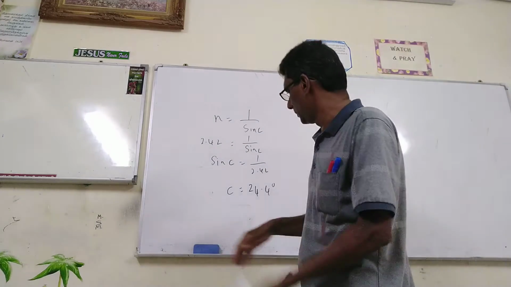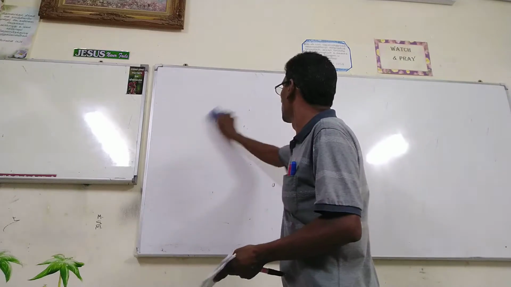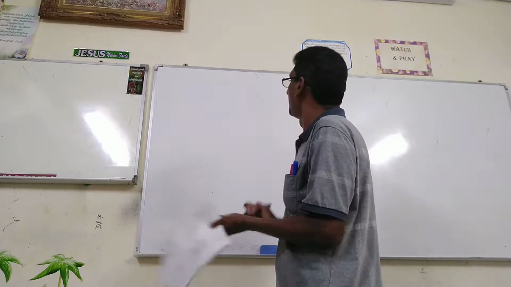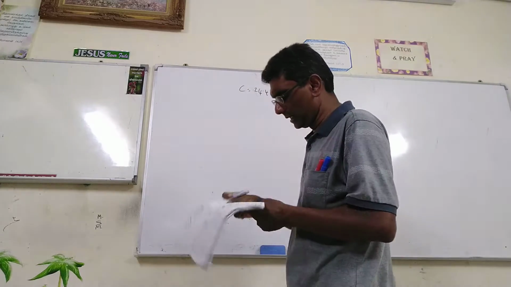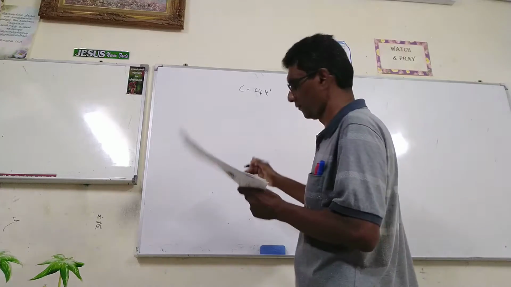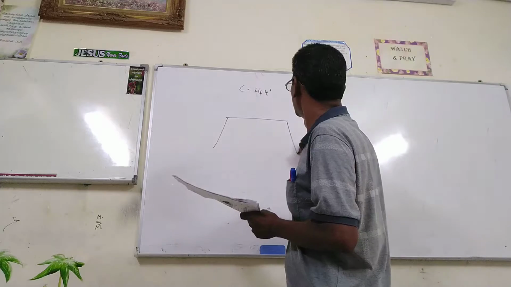This you must understand, this is very, very important. The critical angle of diamond is 24.4 degrees.